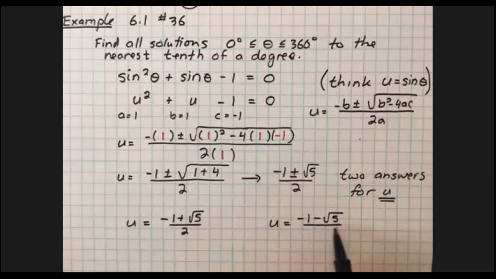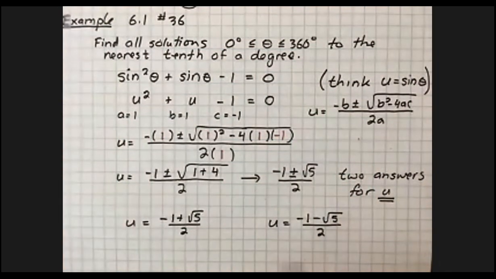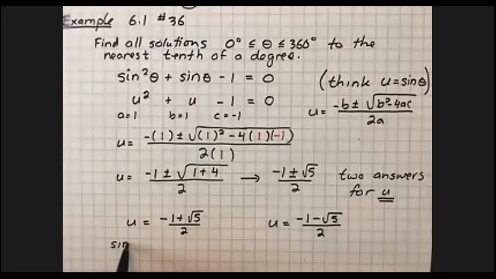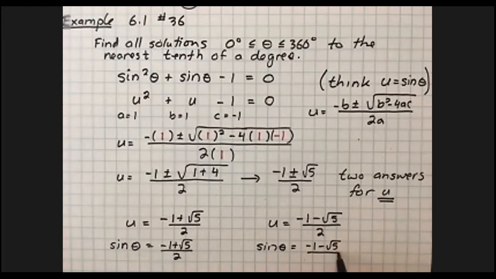And now I'm definitely going to have to use a calculator. So I need to replace u with sine theta. Sine theta is minus 1 plus root 5 over 2, or sine theta is minus 1 minus root 5 over 2.